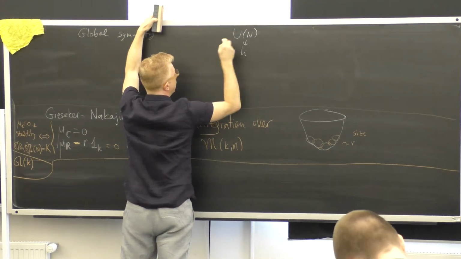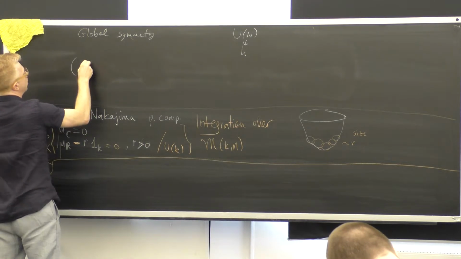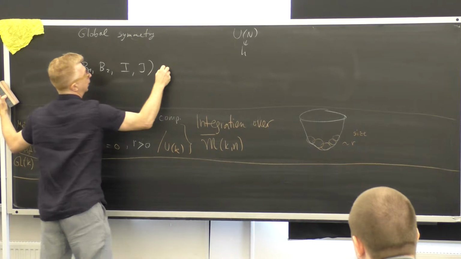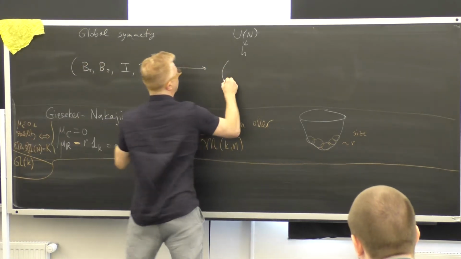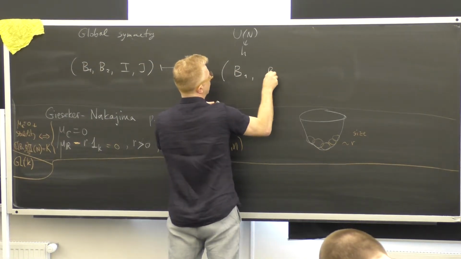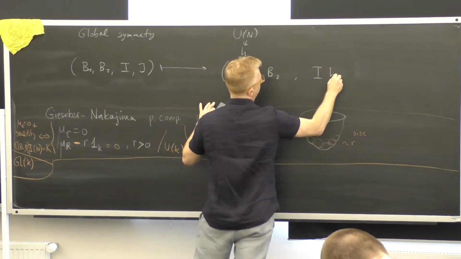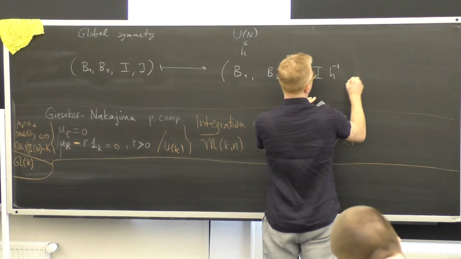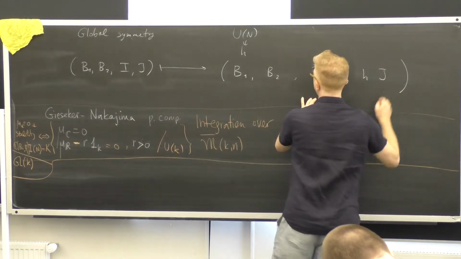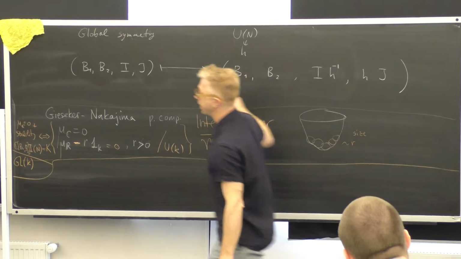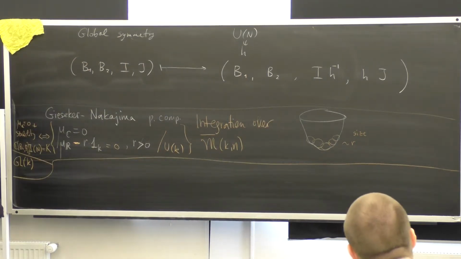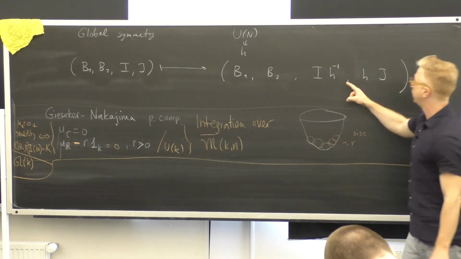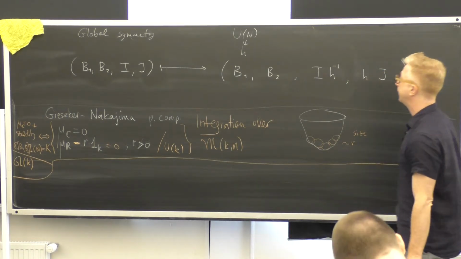And so the element H of the group UN will act on my quadruple in this way. So remember, I acts from N to K, and J acts from K to N. So I can now multiply on the left and on the right.